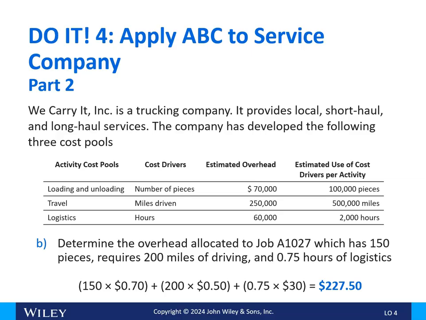So 150 pieces at 70 cents per piece, 200 miles of driving at 50 cents per mile, and 0.75 hours at $30 per hour. And that's how we get the $227.50.